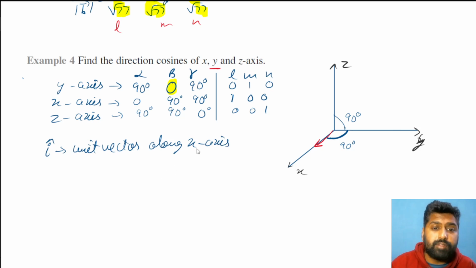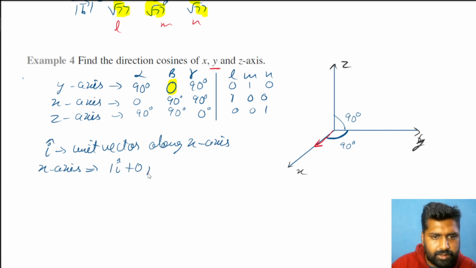Components of the vector b vector, or the direction of whatever you want to calculate. Suppose you want to calculate direction cosines for x-axis, so you need to look for a component of it. It's i cap. So for x-axis, I'll rewrite this as 1 i cap plus 0j plus 0k. Again, this is LMN, component of unit vectors. So what is the answer coming here also? 1 0 0, same thing.